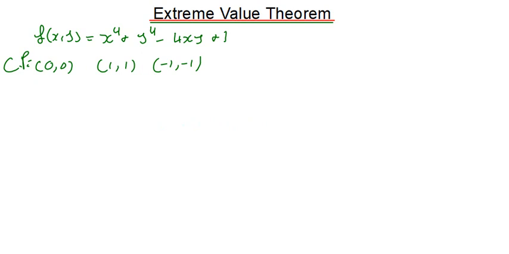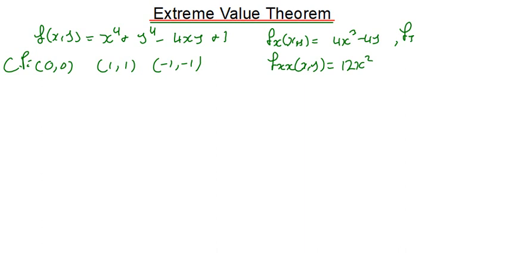So remember the partial derivative with respect to x, at x comma y, what we found was 4x to the power 3 minus 4y. So if I want to determine the second partial, what is it going to be? This is a constant, so what you're going to have is 12x squared.